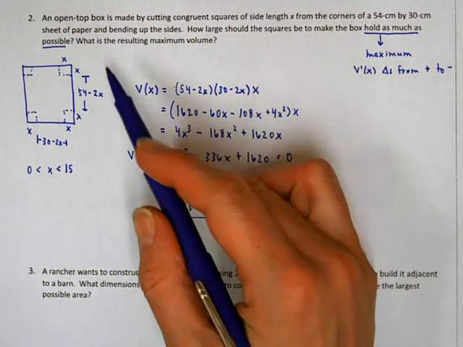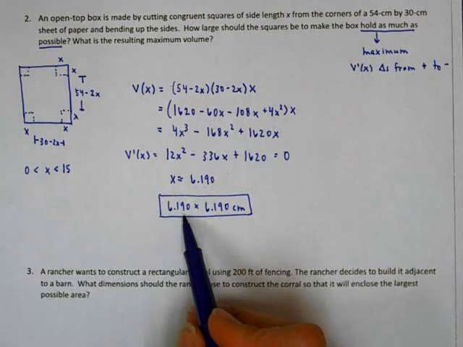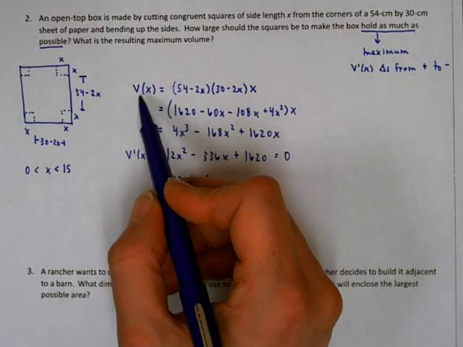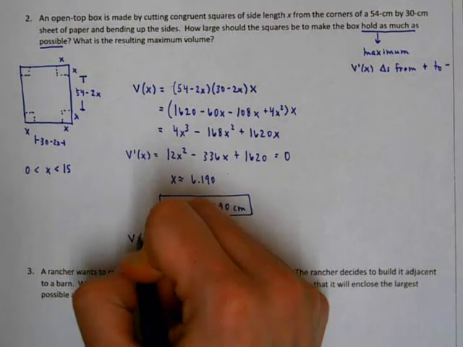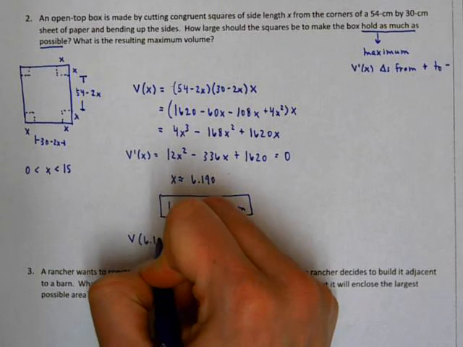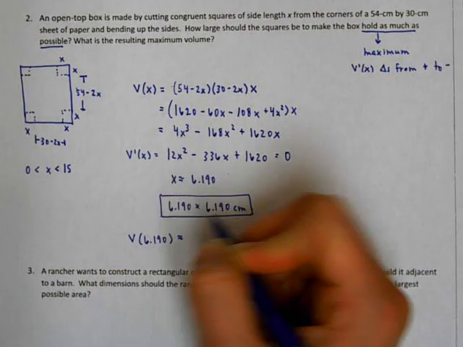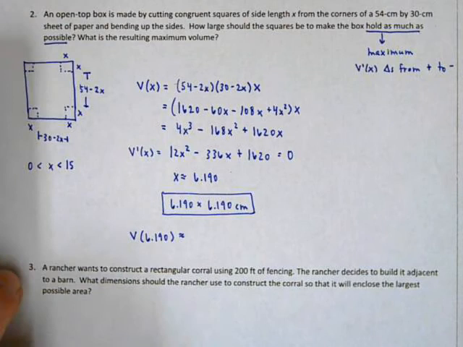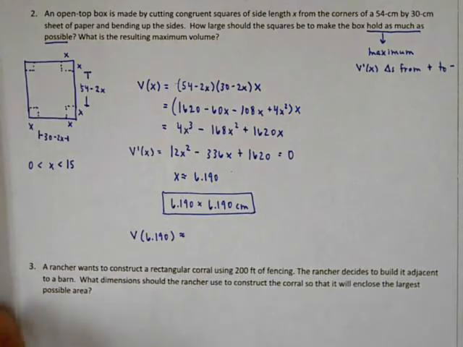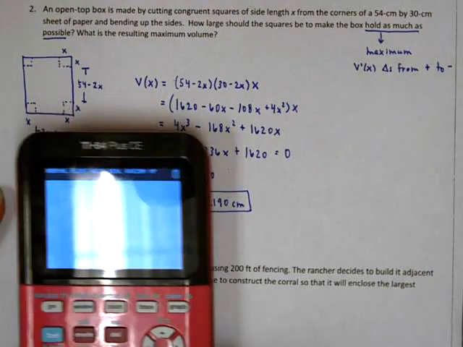Now, the resulting maximum volume means I'm just going to take this value and plug it into our formula for volume. So V of 6.190 is going to be approximately, we can just put this into our calculator.